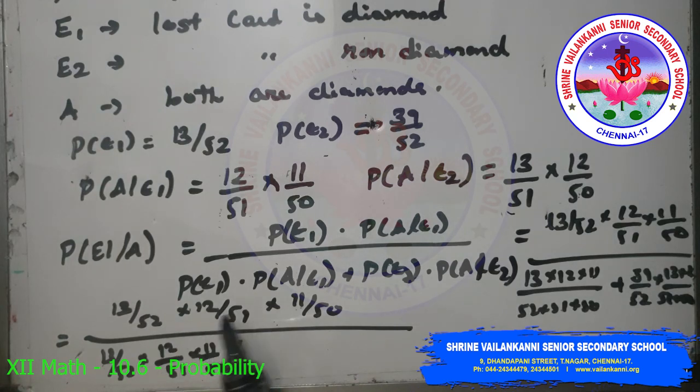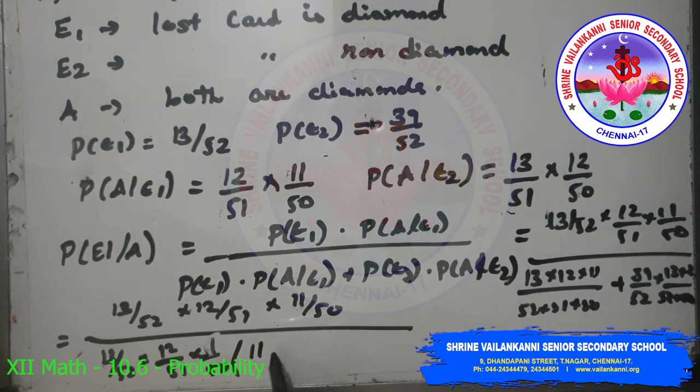So 13 by 52 into 12 by 51 into 11 by 50 whole by, taking common 13 by 52 into 12 by 51 into 1 by 50, we have 39, so that 11 plus 3 into 13.